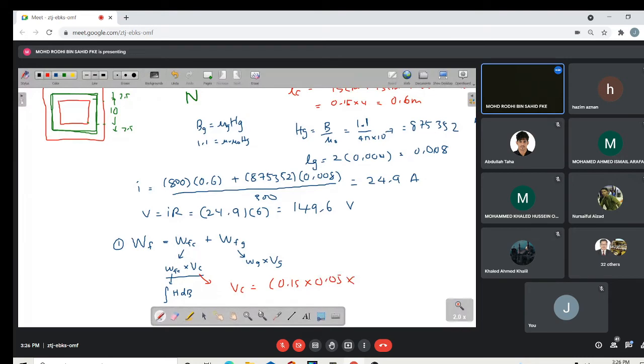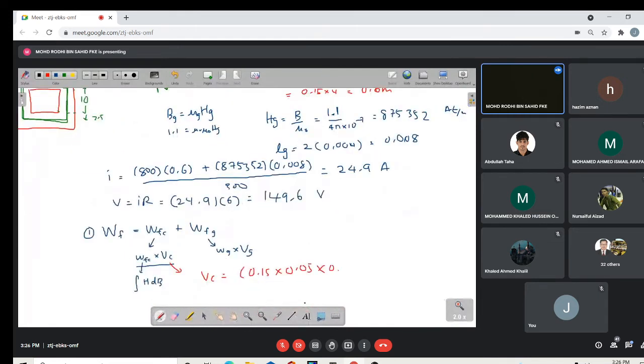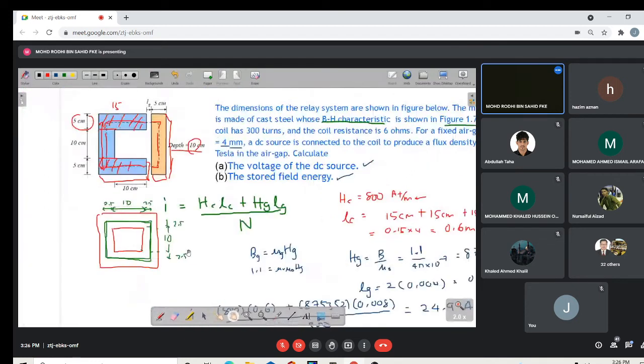Multiplied with the depth. What is the depth? 0.1. And we have the upper and the lower section, multiplied with 2. So we are done with that. Plus, now we look at this part. It is 10 multiplied with 5.